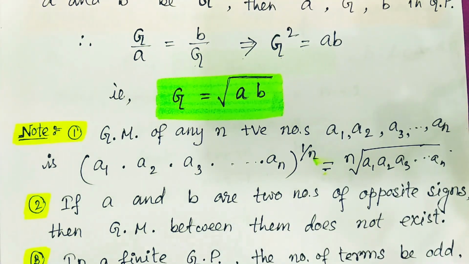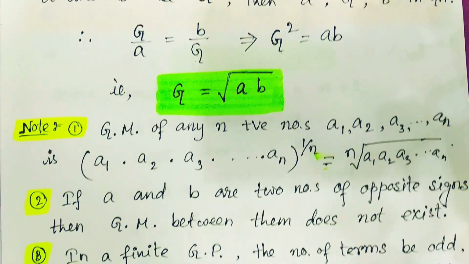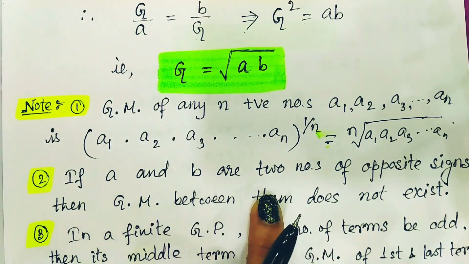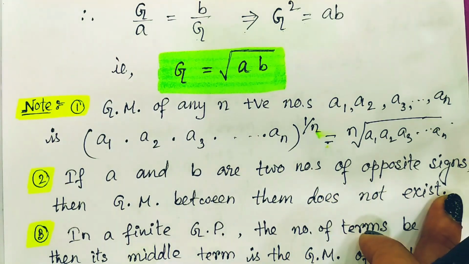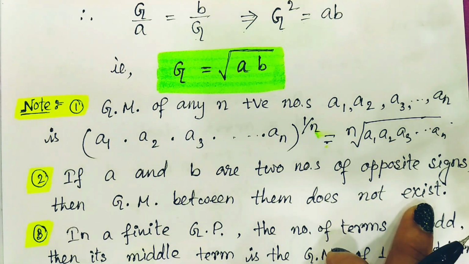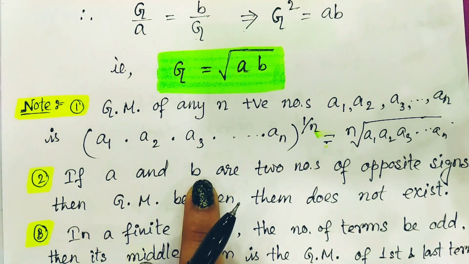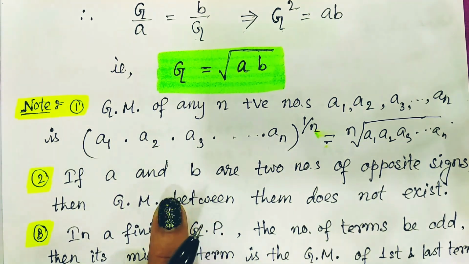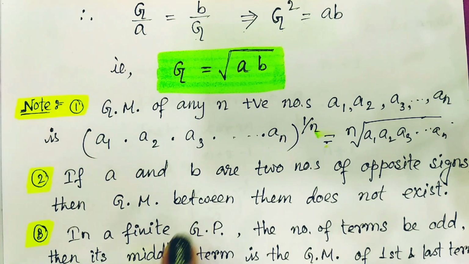Likewise, if A and B are two numbers of opposite signs, then the geometric mean between them does not exist. You just remember that if A and B are of opposite signs, then the geometric mean does not exist between them.